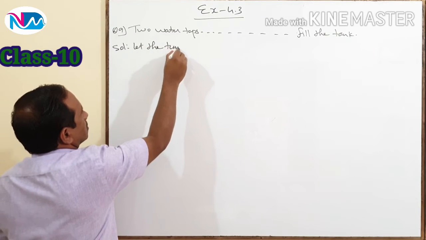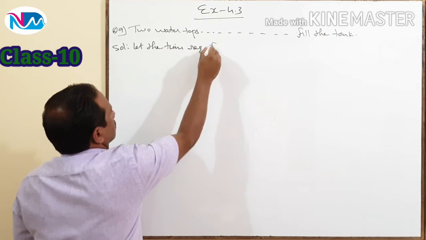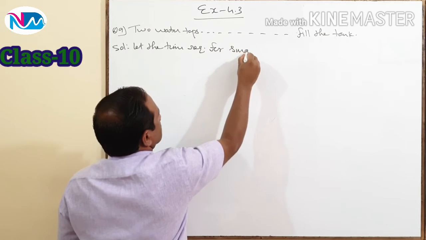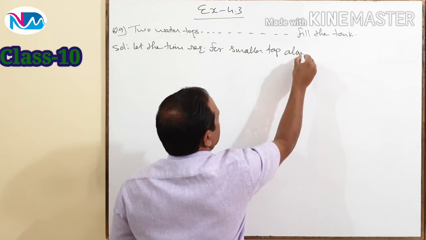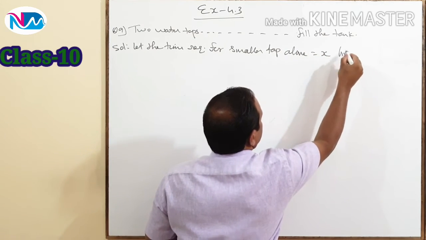Let the time required for the smaller tap alone be x hours.